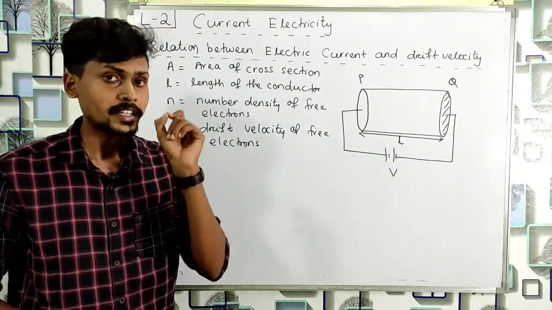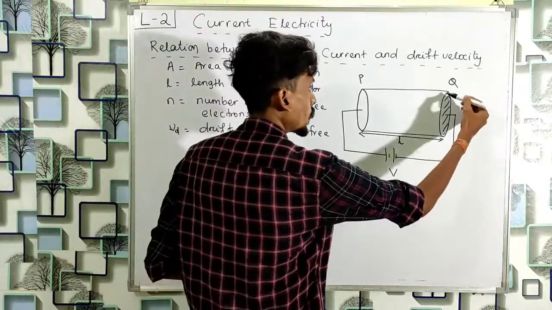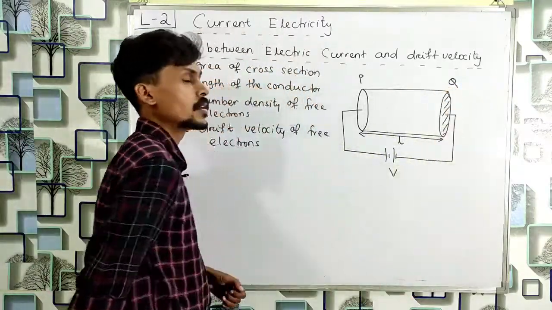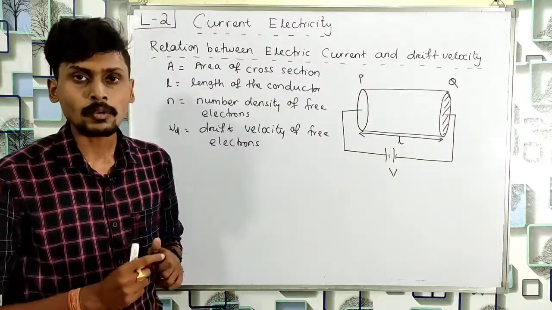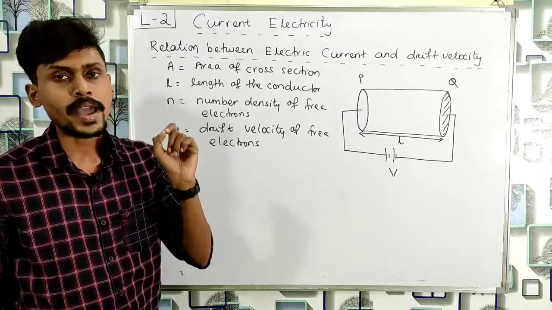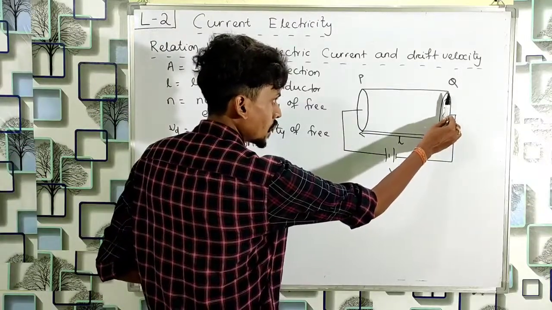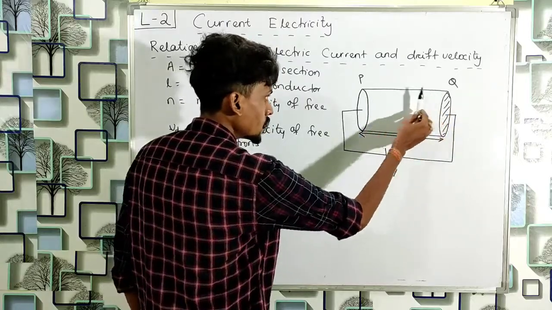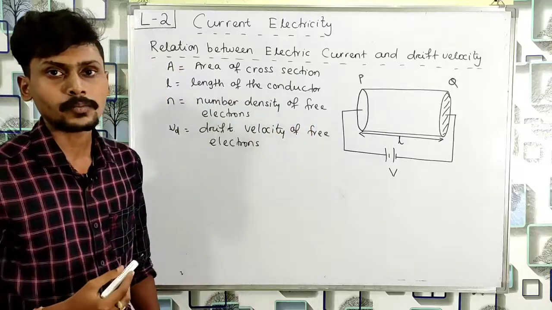Remember that at time t equal to 0, the free electrons which are located at this cross section are termed as the first batch of electrons. The first batch of electrons will drift towards the cross section P from lower to higher potential.